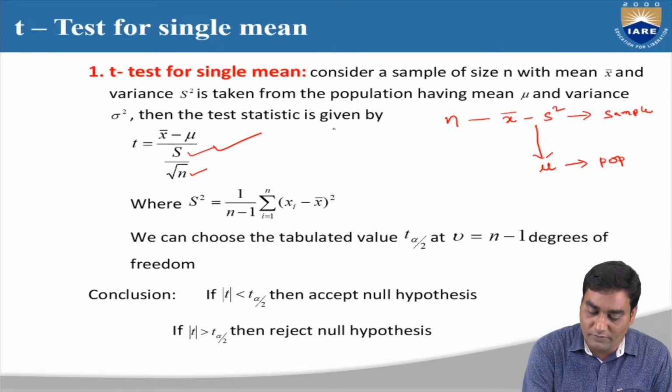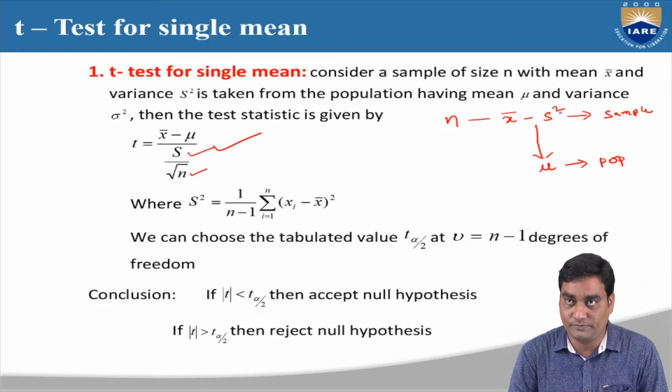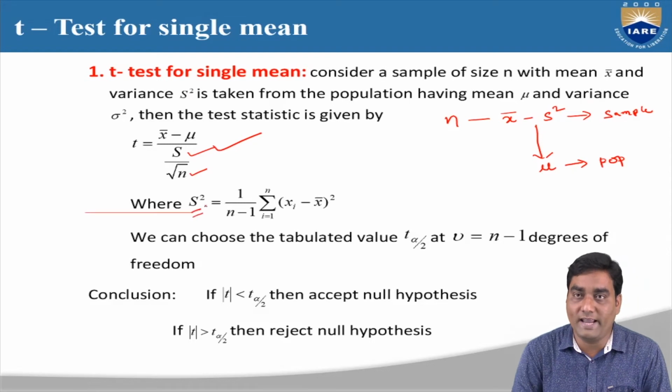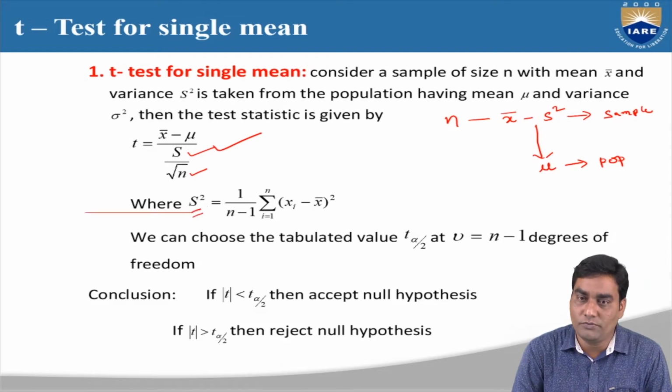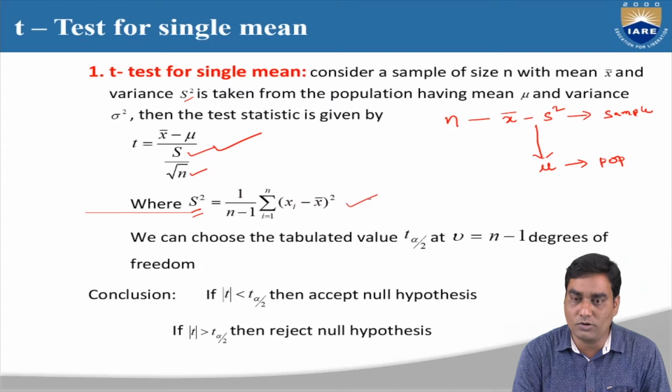In this formula we know all the values from the description except s. This s value we can find out from s square, the variance of the sample: s square equal to 1 by n minus 1 sigma i equal to 1 to n, xi minus x bar whole square.